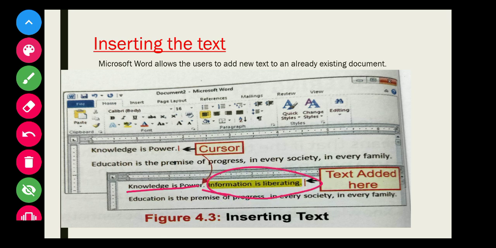So how will you add? You place the cursor to the right of the character where you want to insert the text and then start typing. As soon as you place the cursor here, the new text will be added here, that is, information is liberating. In this case, the existing text which is present after the cursor will be shifted to the right hand side. You can see here it is shifted to the right hand side.